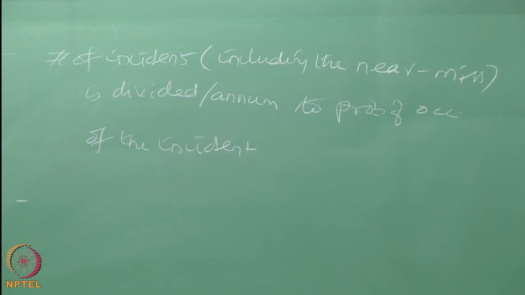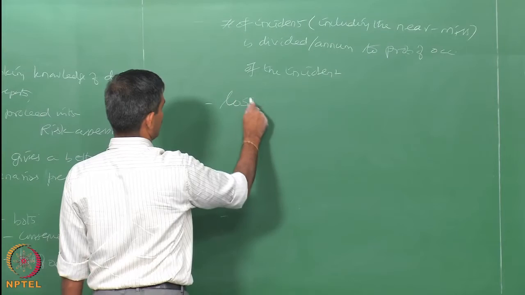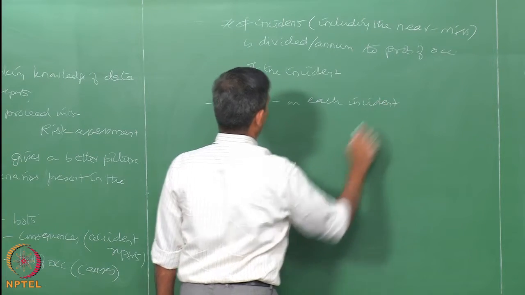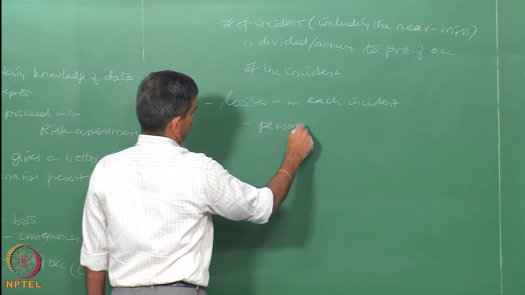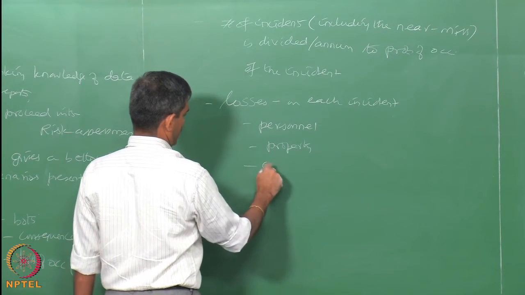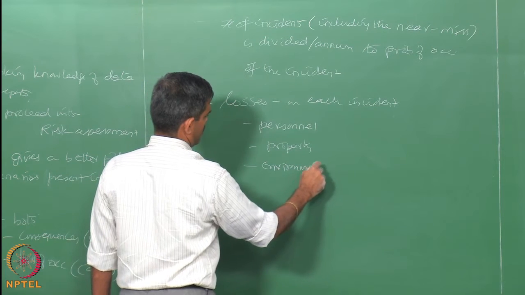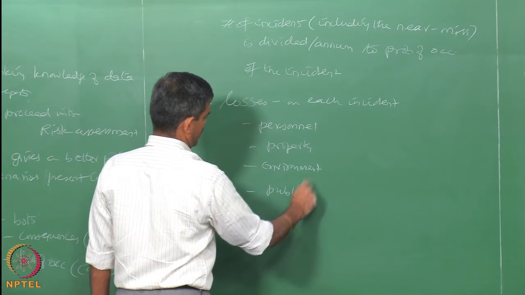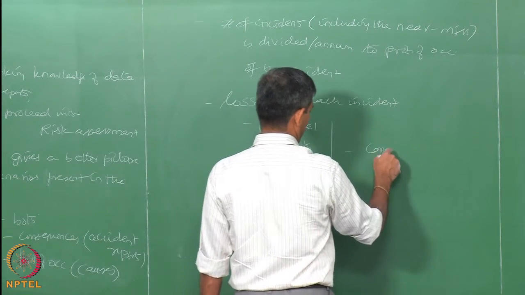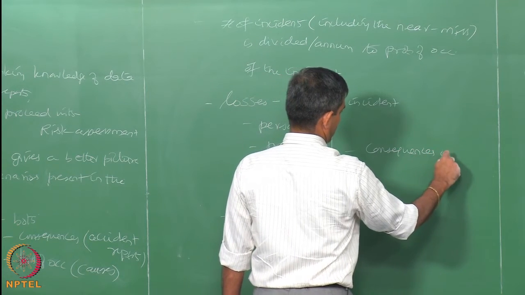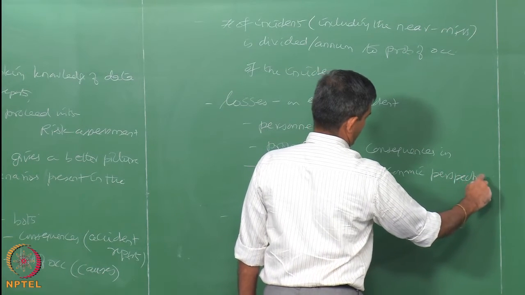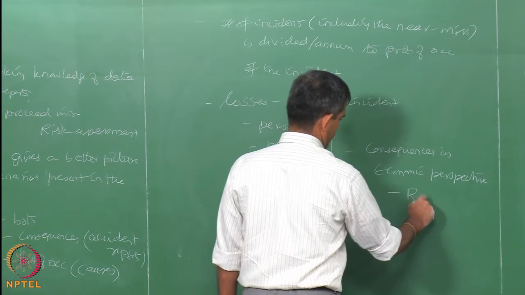If one has details about the losses on each incident, losses can be personal, property, environmental, public, etc. Then one can also find the consequences in economic perspective to find risk.